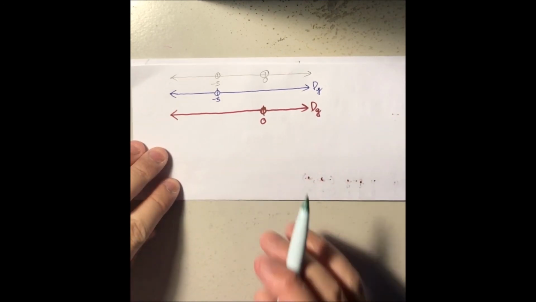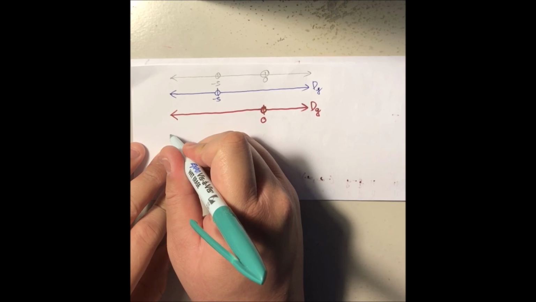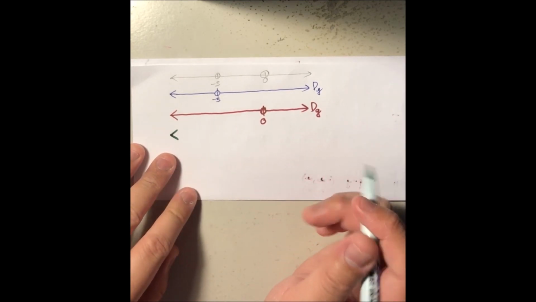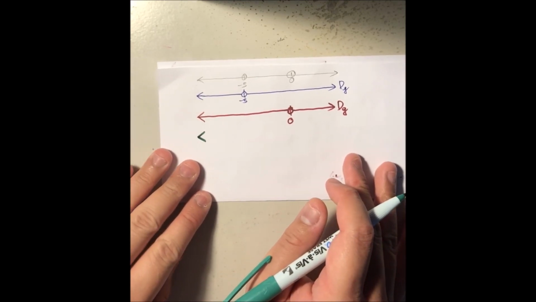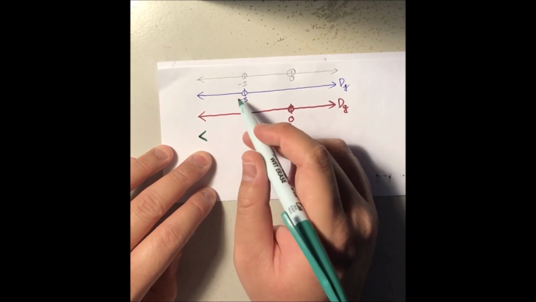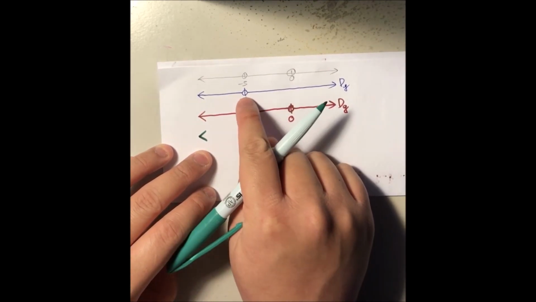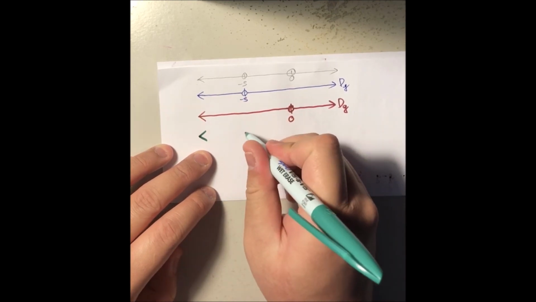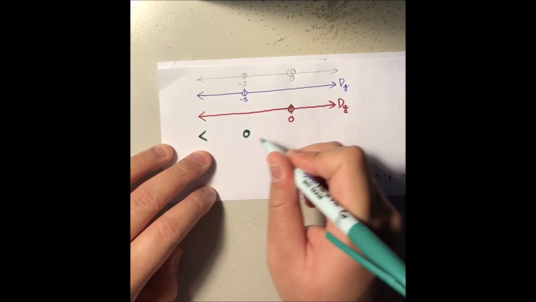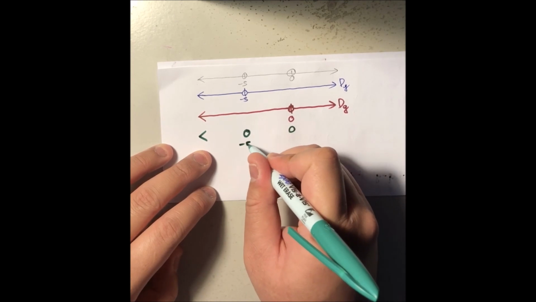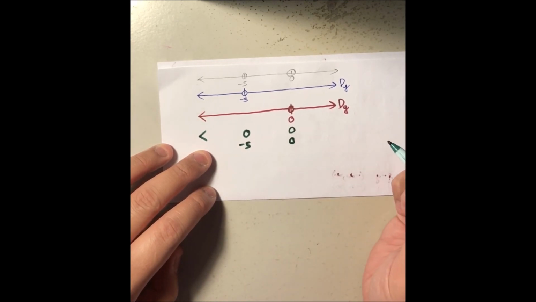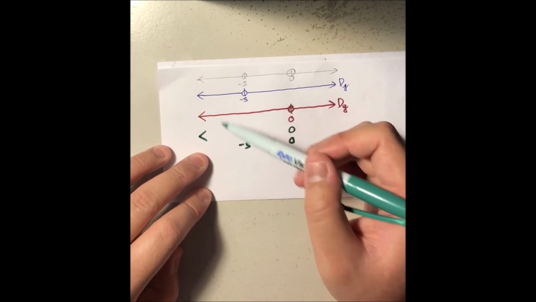The domain of the sum is going to be all of the x values in common of the domains of f and g, and also all of the restrictions included. So really we have to include this restriction and this restriction. And then we have to include all of the x values that they have in common.